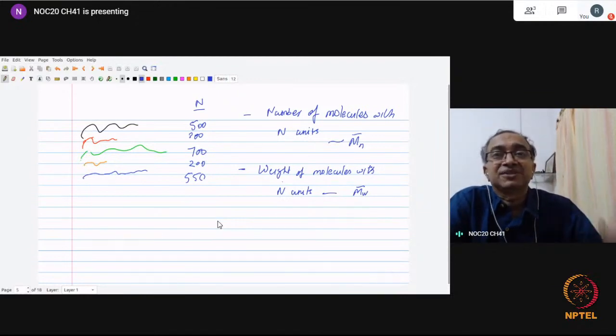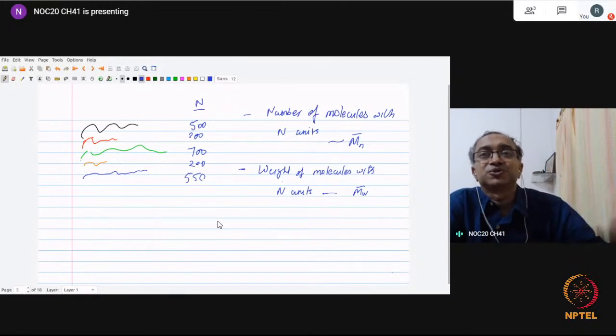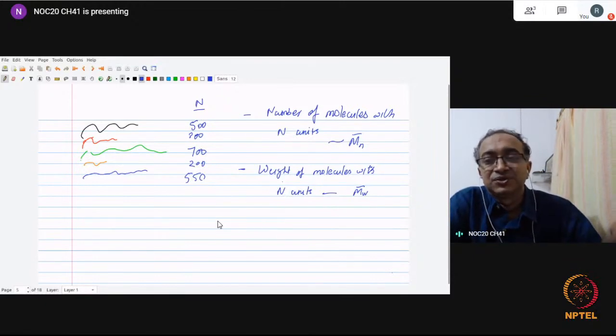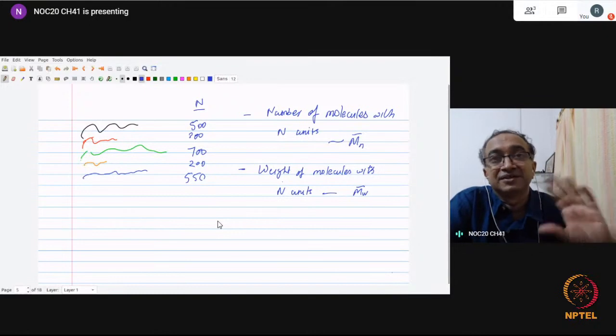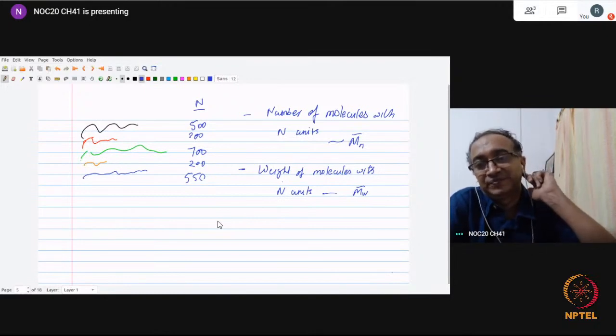The acid needs to react with alcohol to form the ester bond, and only then do you get polyester. So that's why in the case of polyester, we have a repeating unit which is different from the 2 monomers. I'm not sure if this point is clear, Abbas, so I'll wait before answering your question.